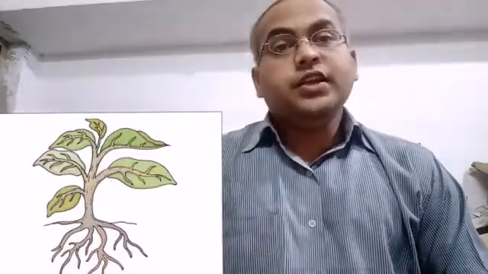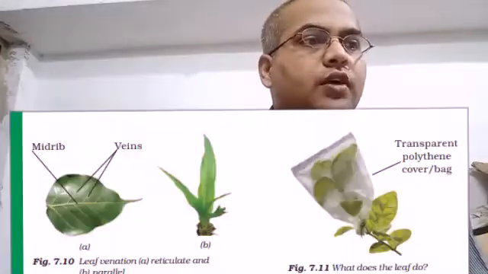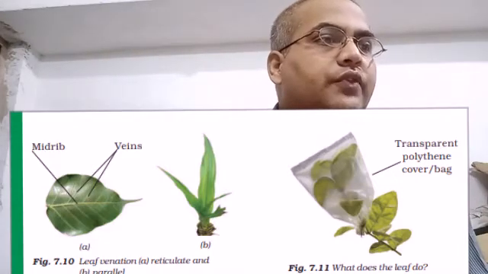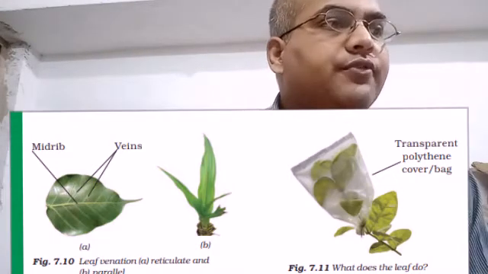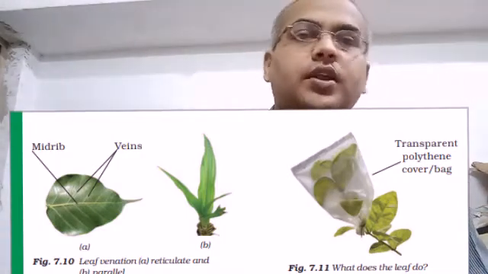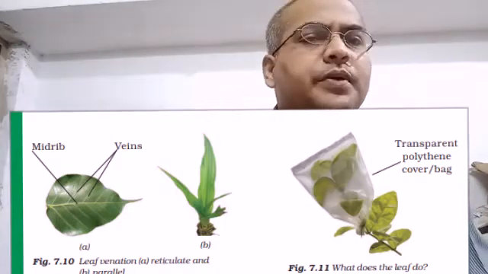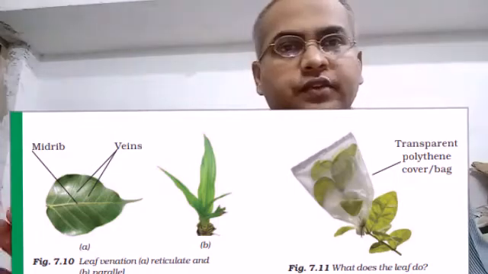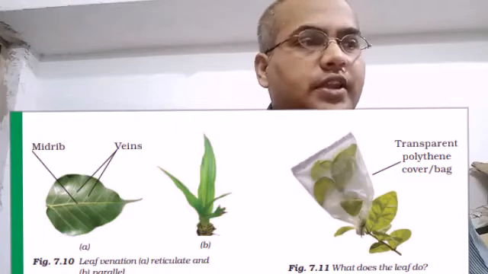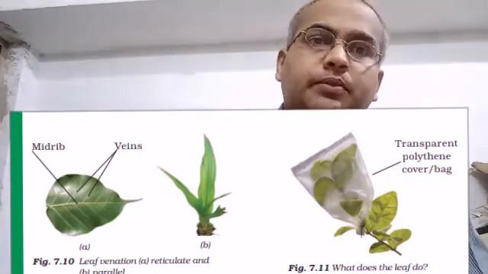But if you take the leaf of tamarind or neem or gulmohar, you will find there are several leaf blades. These leaves are called compound leaves. If there are several leaflets in a leaf, it is called a compound leaf. If there is one single leaflet, it is called a simple leaf.